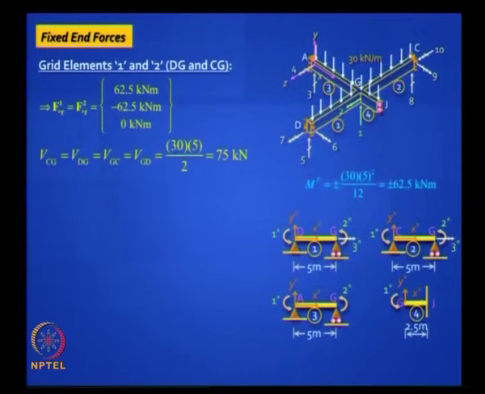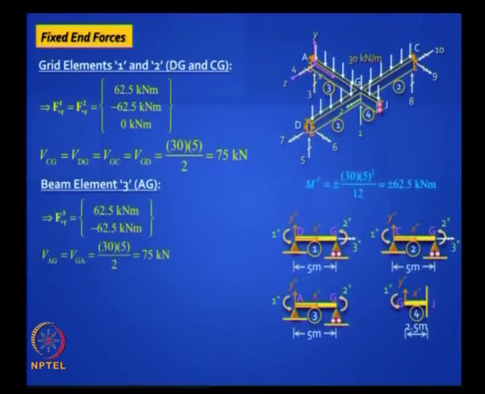and 0, right? Anti-clockwise positive, clockwise negative, 0 because there is no twist, no torsion. And then you can also find the vertical reactions. Similarly for the third element, it has the same span, the same loading.